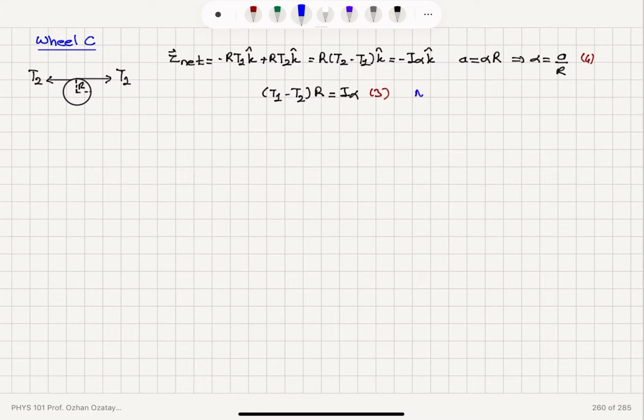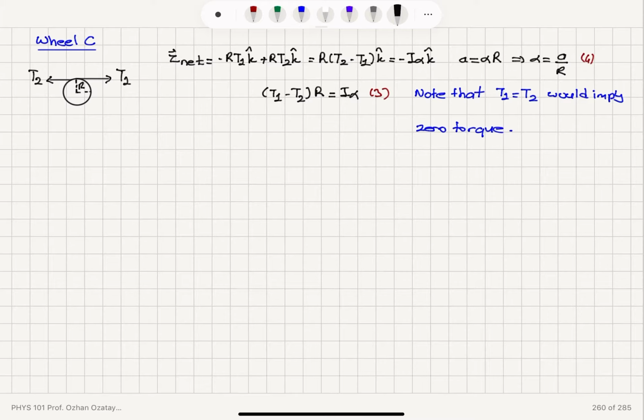Note that T1 equals T2 would imply zero torque, zero torque on the wheel C, so this would be problematic. These tensions cannot be equal.